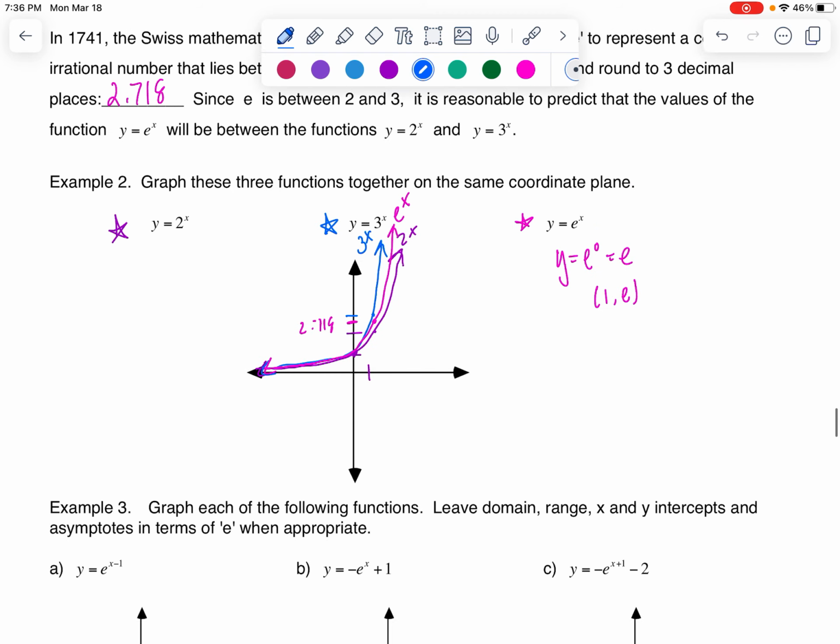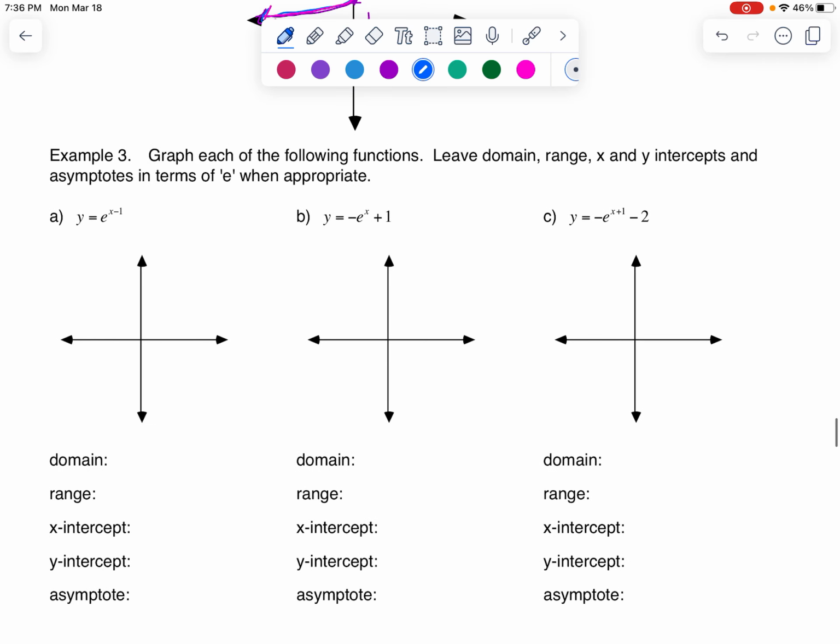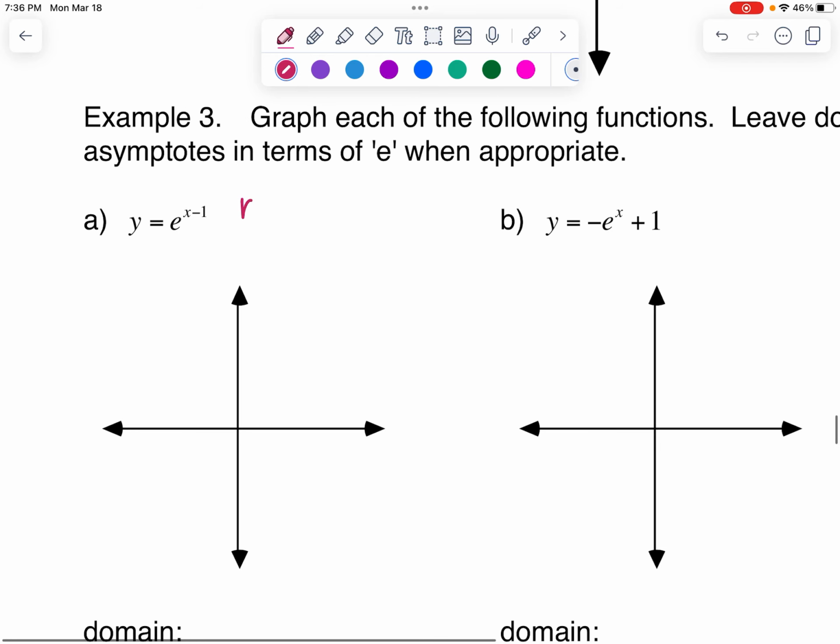Alright, so example 3, we're going to try graphing some of our functions that deal with e. So in example A, it looks like we're just dealing with going right 1. So your parent function is going to be y equals e to the x power. And that is this guy right there. And again, you're just going right 1.